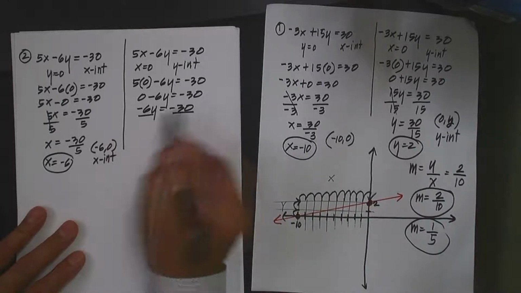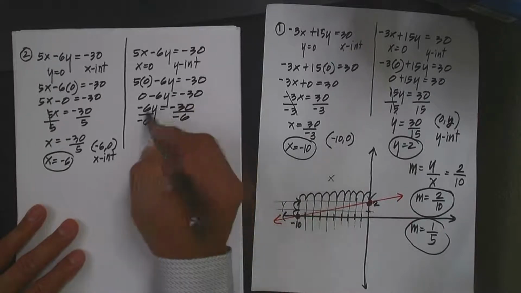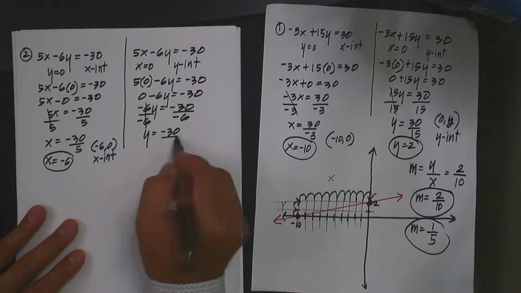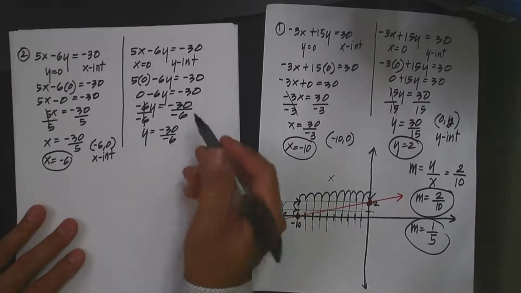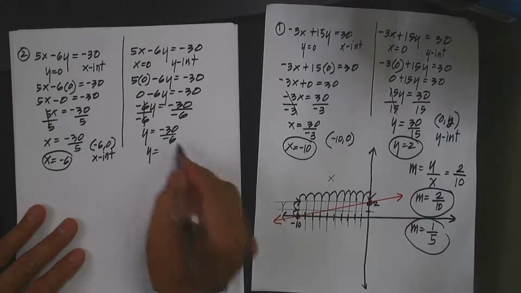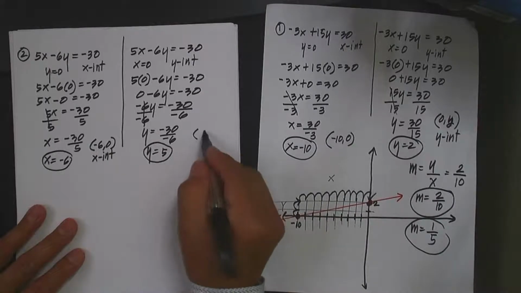Of course, you have to eliminate negative 6 by dividing both sides by negative 6. So you leave only y is equal to negative 30 over negative 6. When you divide that, 30 divided by 6, you will end up with positive 5. Therefore, your y-intercept is 0 and 5.